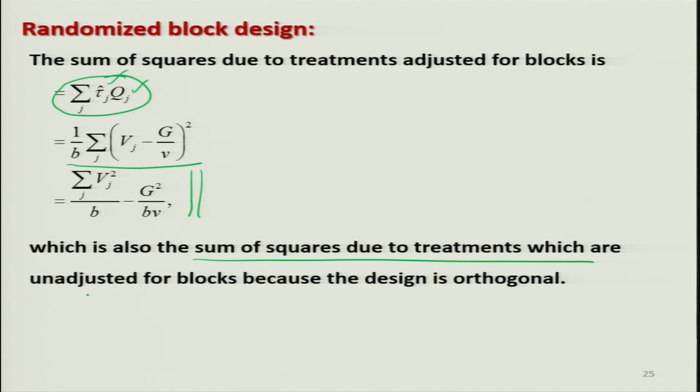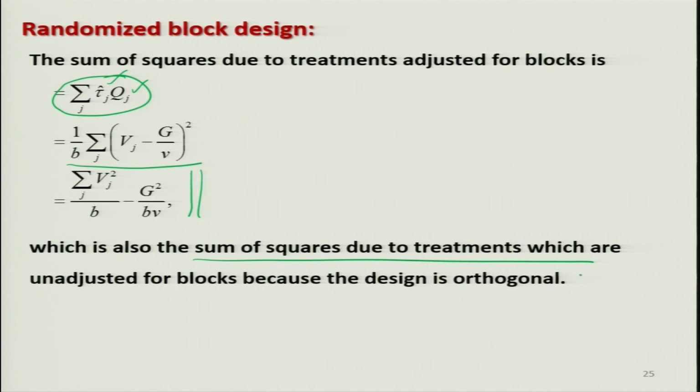In this case, you are obtaining the adjusted sum of squares due to treatment, and this adjustment is coming because of the block effects, and this comes out to be the same as the unadjusted treatment sum of squares.